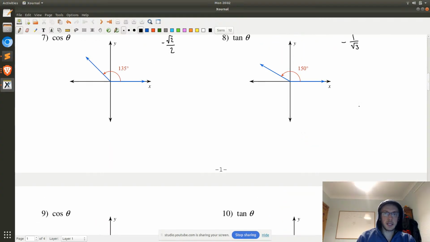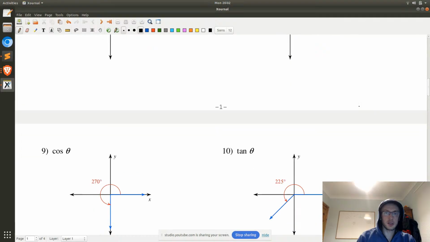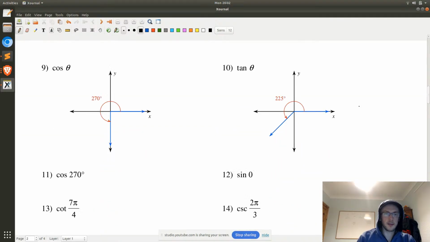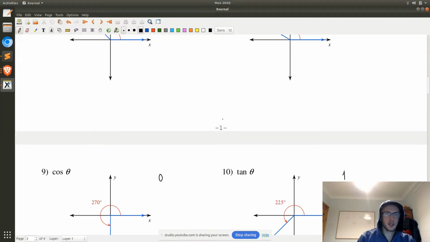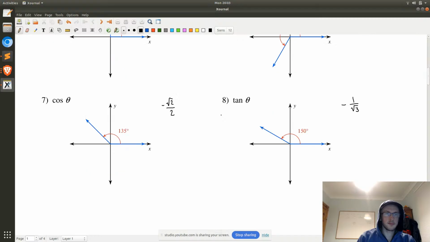To be completely frank, just visualize the graphs for a lot of these things and deploy kind of cheap tricks. Cosine of 270 degrees, 0. Tangent of 225 degrees, 1. All right, so I'll check that these are all correct.